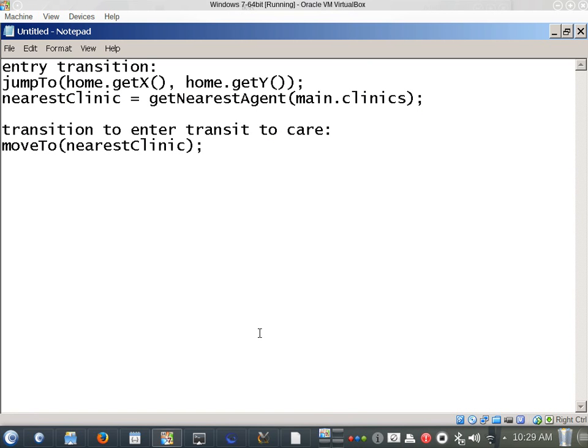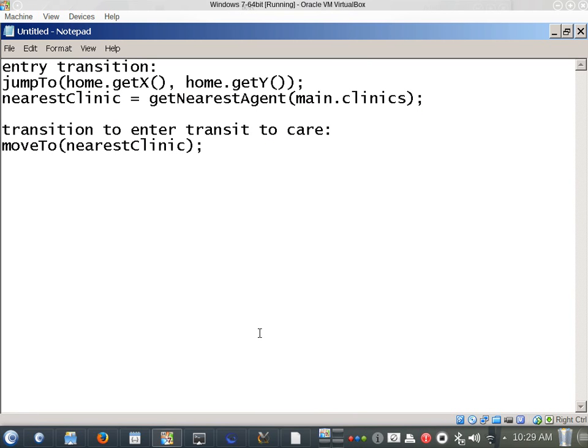That's good. And now, why do you need to identify nearest clinic at the start of the state chart and then move to that? Can you just jump to and then add the nearest clinic? Yeah, you could do that.